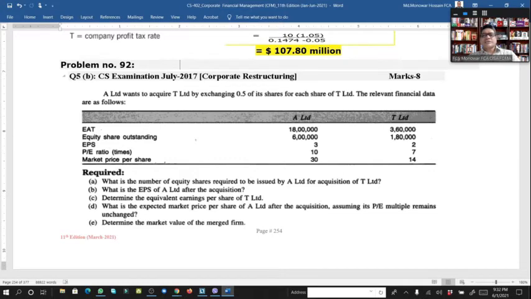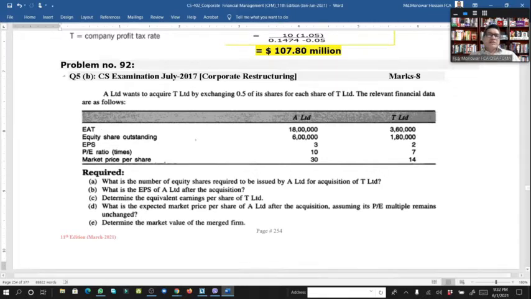Equity shares outstanding here 6 lakh and T company 1 lakh 80,000. EPS A limited 3, T limited 2. Price earning ratio 10 times A limited and 7 times T limited. Market price per share at this moment, A limited 30 taka, T limited 14 taka.